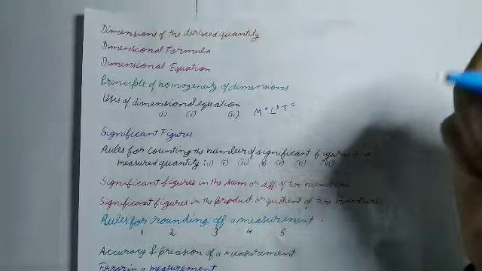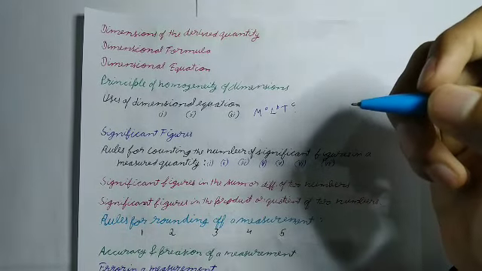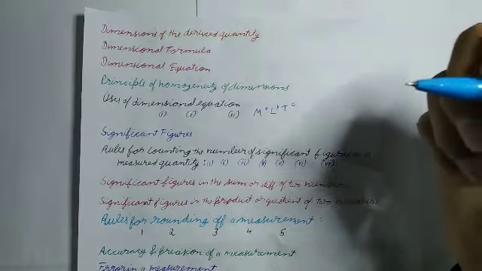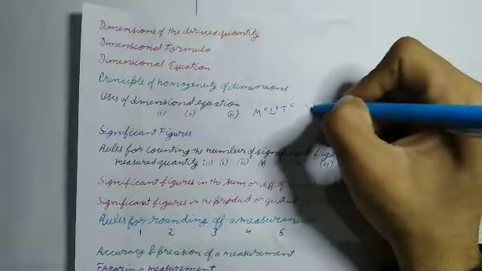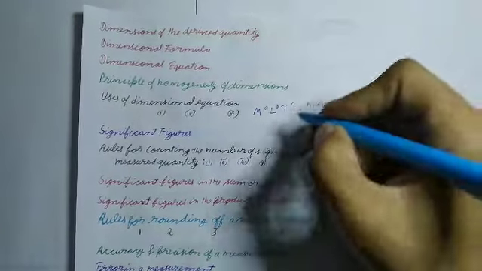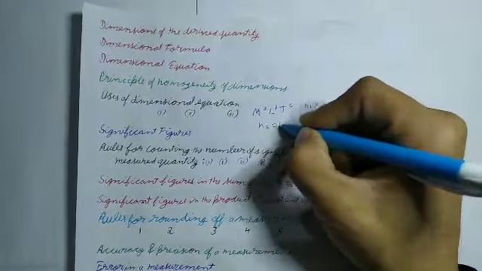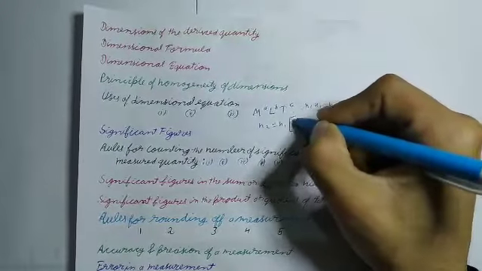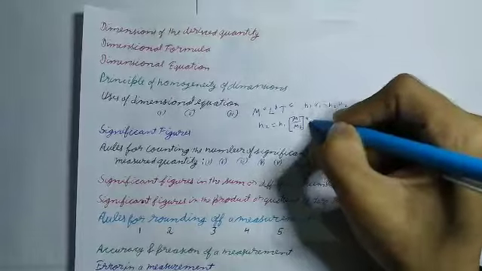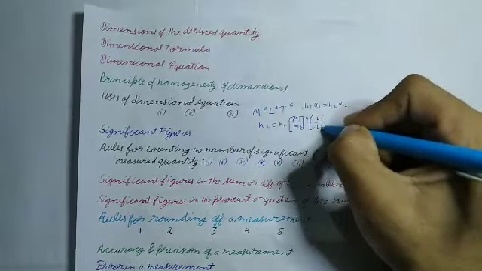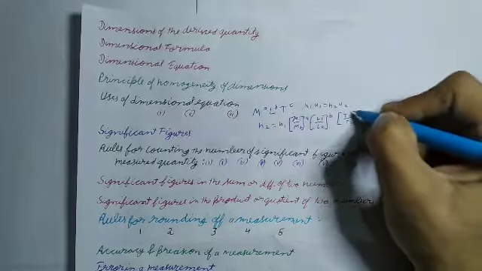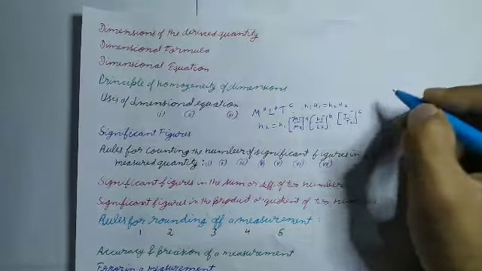Let n1 and n2 be its numerical values when the units are u1 and u2. n1 u1 = n2 u2, and n2 = n1 (M1/M2)^a (L1/L2)^b (T1/T2)^c.